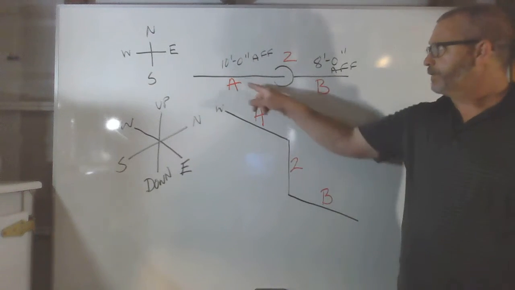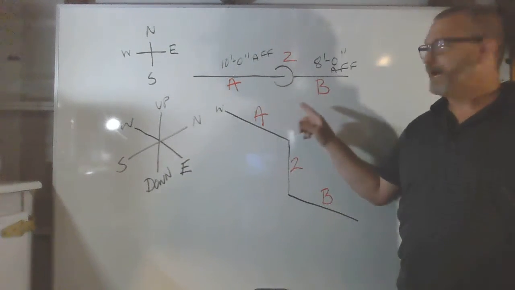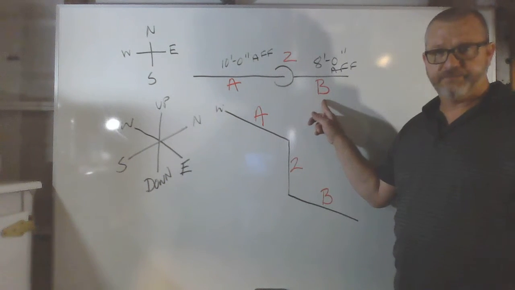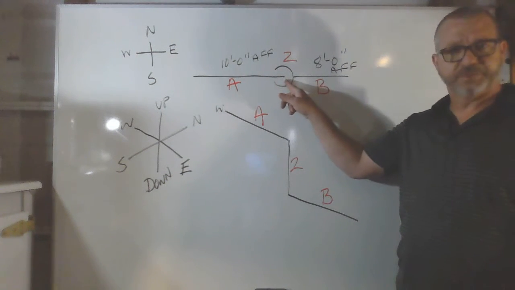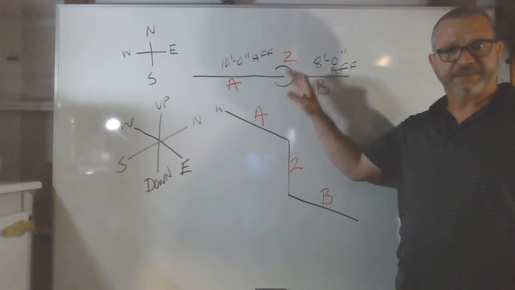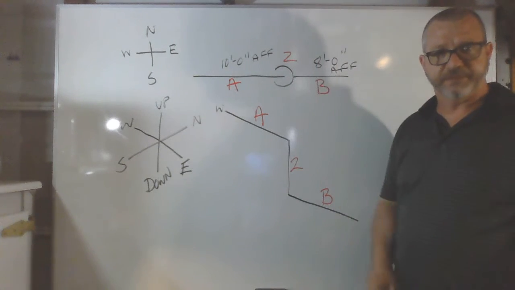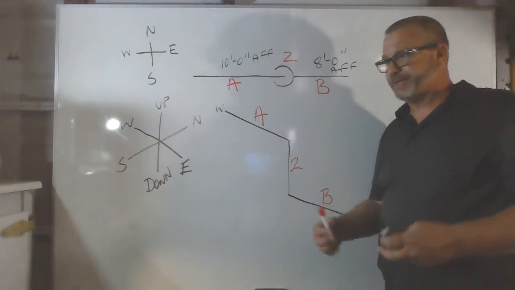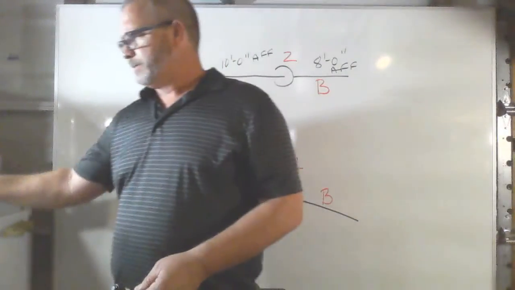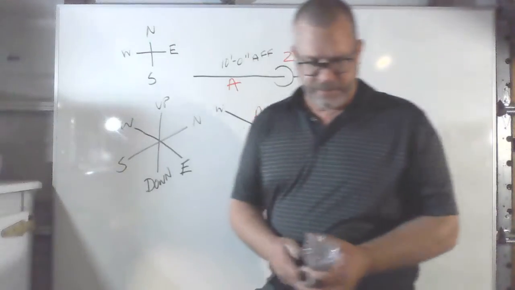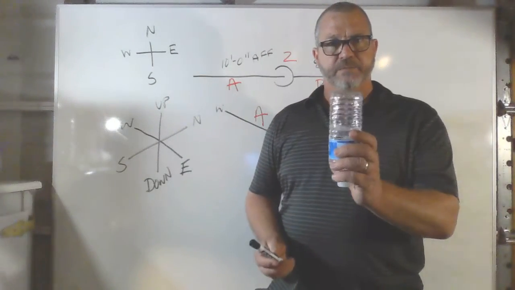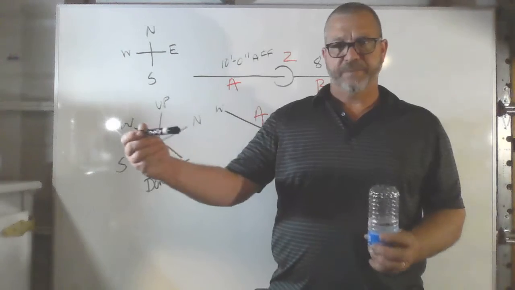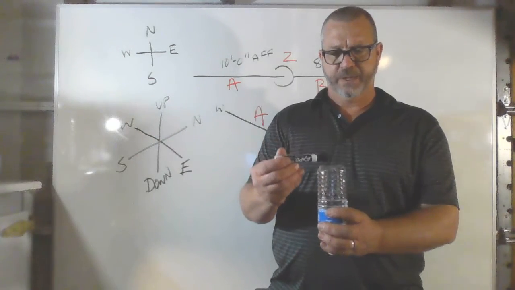Now, this piece, A, is higher in elevation than B because A is going into this broken circle. This broken circle signifies the vertical aspect of the pipe. Okay? Best way to look at that or interpret that, my pipe's coming across this way, right?